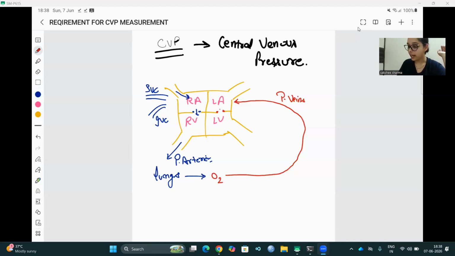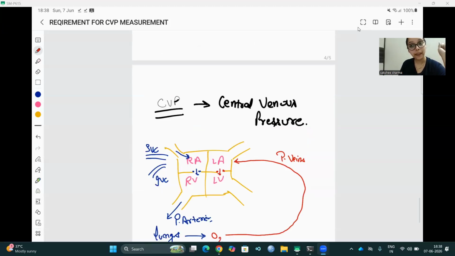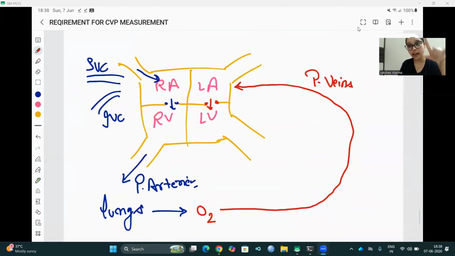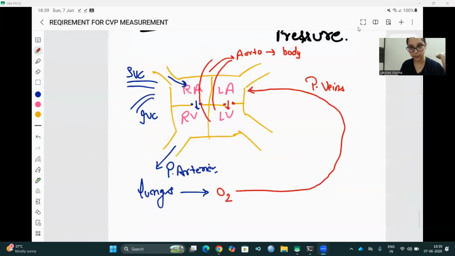We have another valve known as the bicuspid valve in between the left atrium and left ventricle, and the blood goes through it. Now from the left ventricle arises the aorta, which carries the blood towards the body, and then the whole circulation occurs.